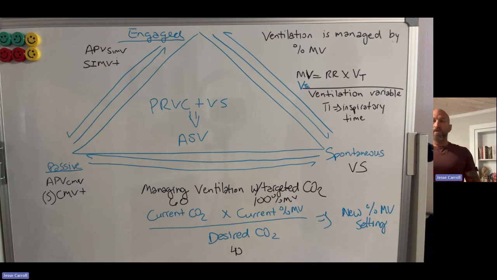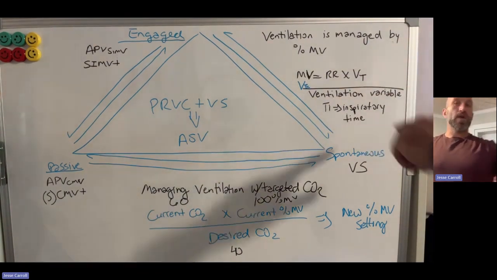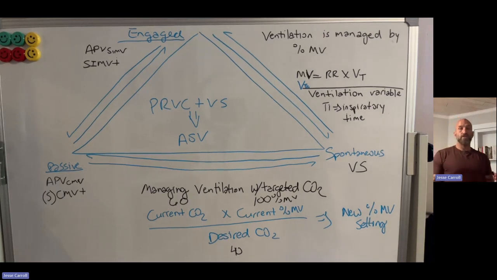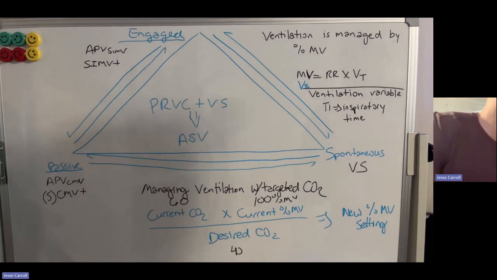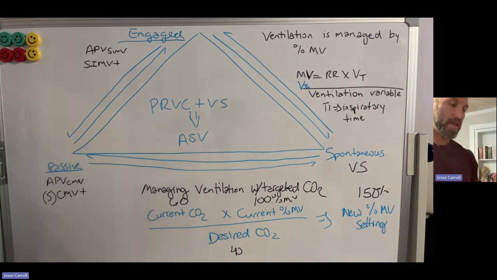So now we've eliminated the guesswork involved in having to choose between a respiratory rate, a tidal volume, or an inspiratory time to get an optimal outcome as far as CO2 is managed. Our new percent minute volume would be 150%.